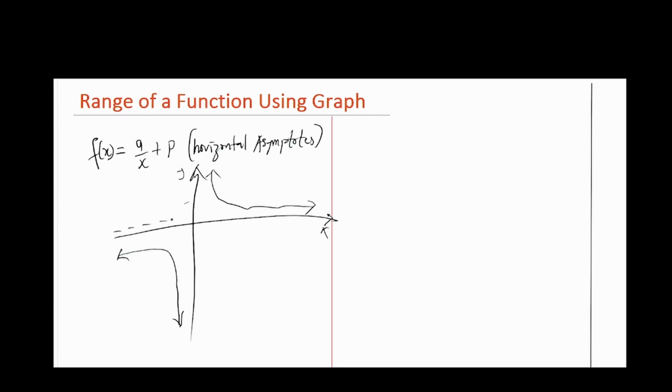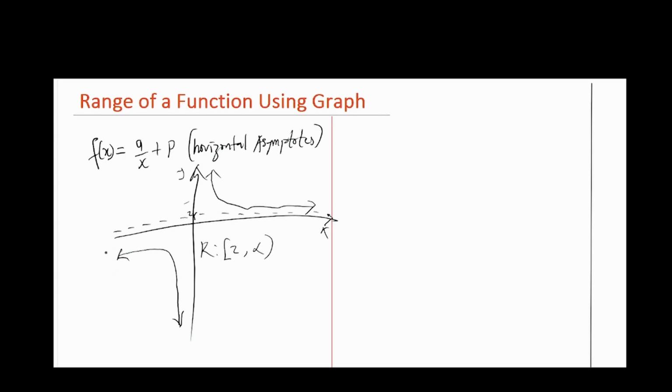We can draw a dotted line across to show the behavior of this curve as it approaches infinity. All right, how do we now write the range here? Let's take that the point where this line cuts the y-axis, somewhere here, is 2. Let's take that the value here is 2 on the y-axis. So we can say that the range is from 2 to infinity.